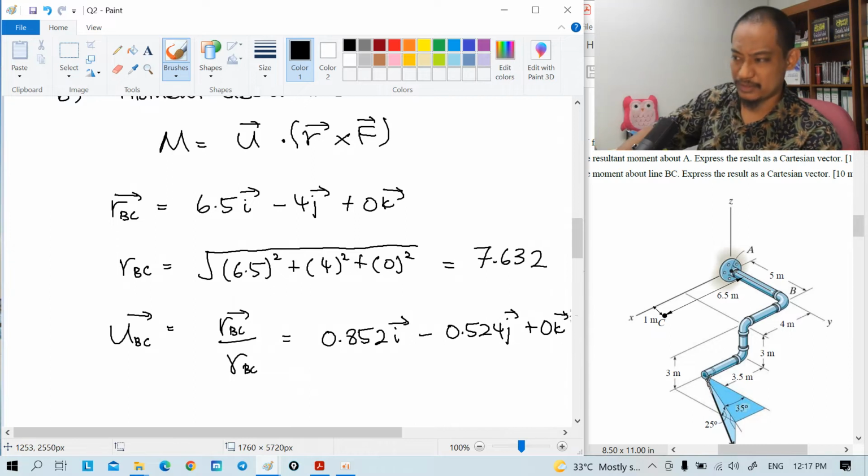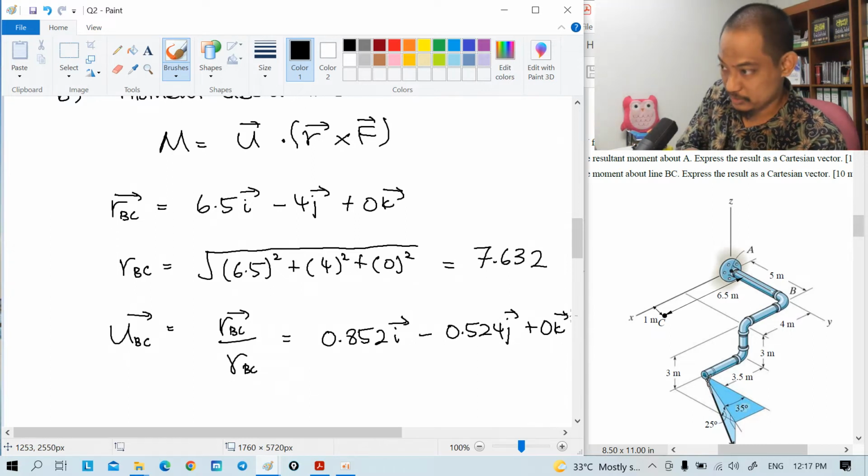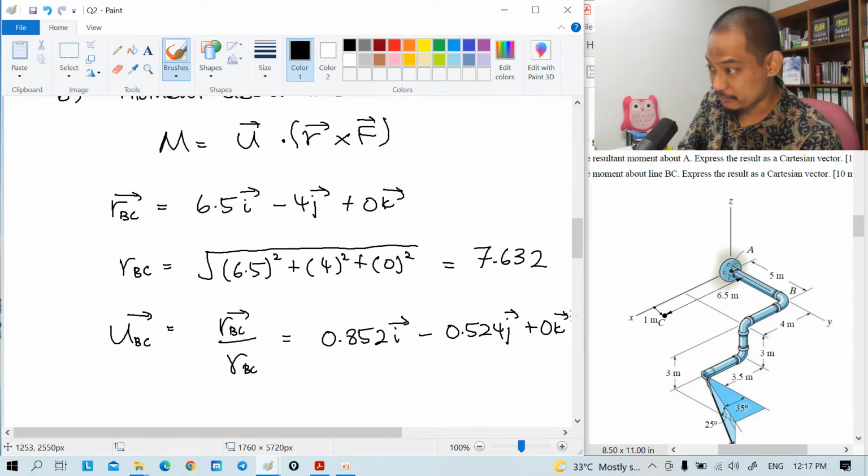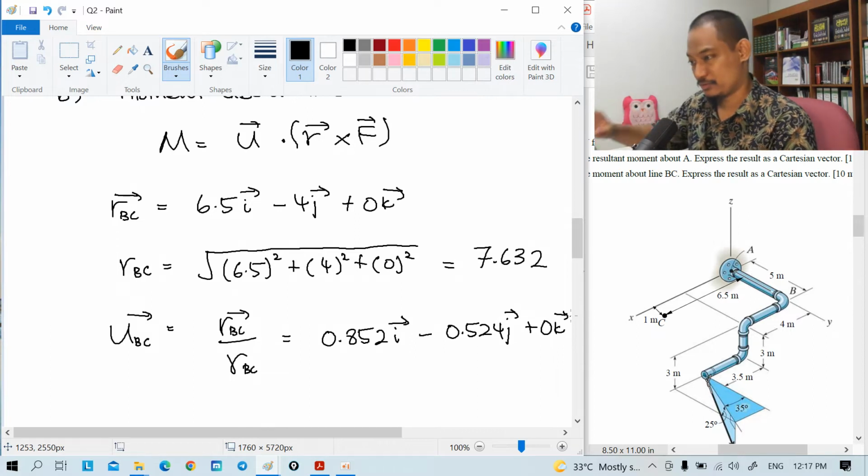We can actually check whether this is an accurate unit vector, right? If you get the magnitude, 0.852 squared plus 0.524 squared, you get 1.0002. Okay, so it's close to 1. So that's the unit vector for BC.